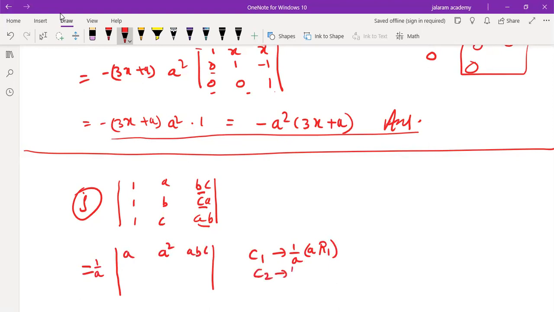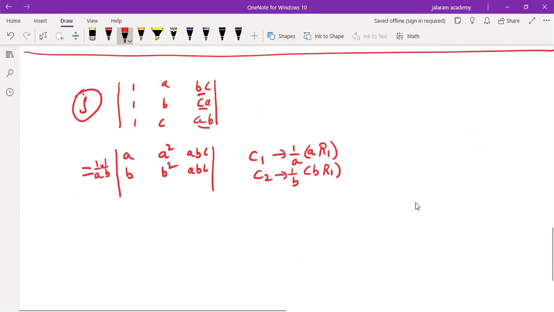For row 2 also we will do the same. When we divide by B, we have to multiply the row by B. So it is B square, ABC. Third, when we multiply it by C, we have to divide also by C. So it is C square, ABC.